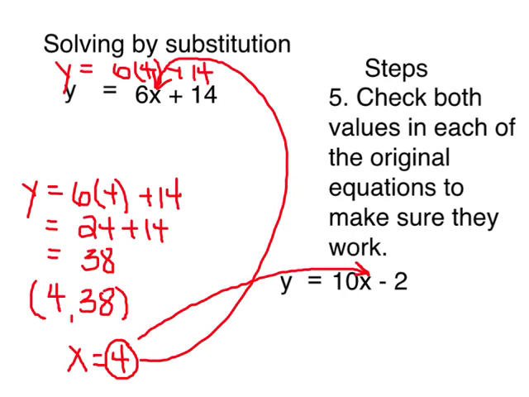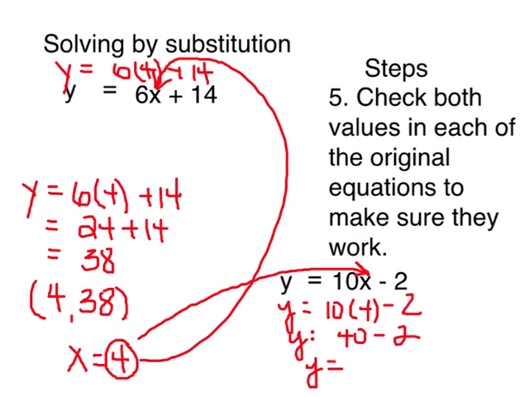That's my bottom equation. So we get y equals 10 times 4 minus 2. So y equals 40 minus 2. And that gives me y equals 38, which is what I got originally. So that means that it has worked out.